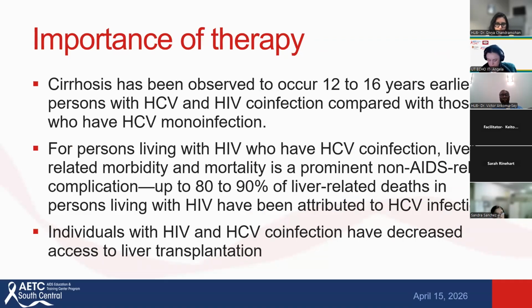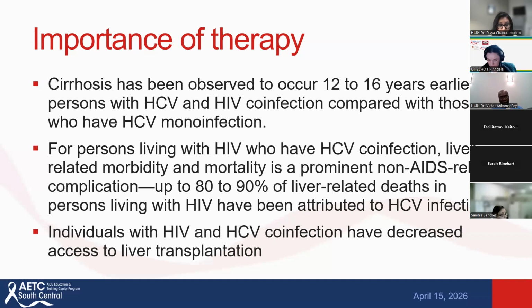Cirrhosis, just for context, occurs about 12 to 16 years earlier in individuals with co-infection as compared to those who have HCV monoinfection. For persons living with HIV who have a co-infection, liver-related morbidity and mortality is a prominent non-AIDS related complication. Of course, we have excellent antiviral therapy for HIV treatment to this date, so it's very likely that their mortality is going to be secondary to cirrhosis, and it could be up to 80 to 90% of liver-related deaths.